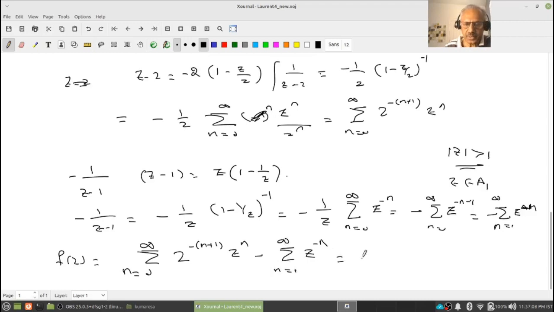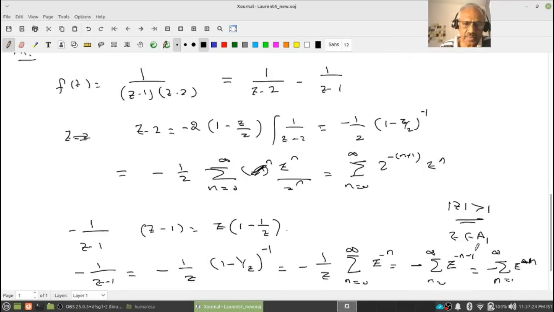If you want the usual way, you may want to write it as the sum from 1 to infinity of z power minus n plus 2 power minus n plus 1 into z power n. I hope there was no minus sign. Or was there a minus sign? Yeah, here there was a minus sign which I forgot, therefore there is a minus sign throughout.